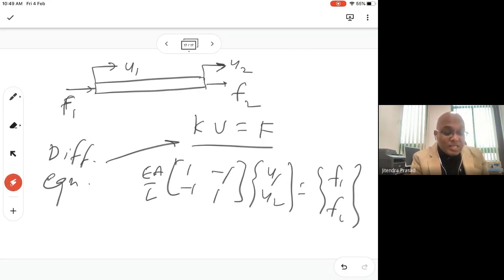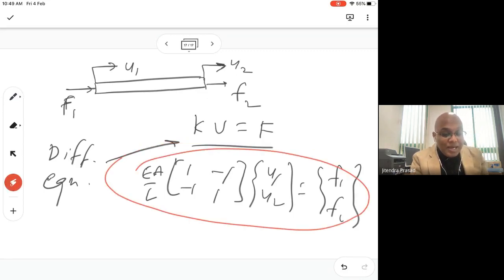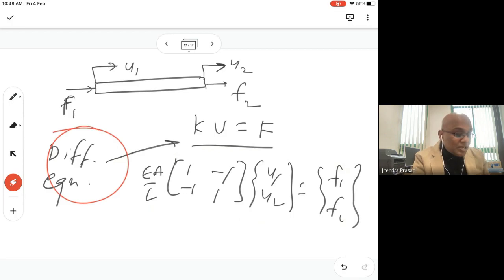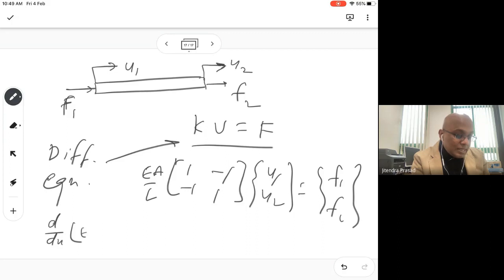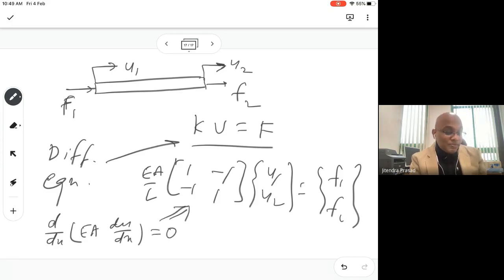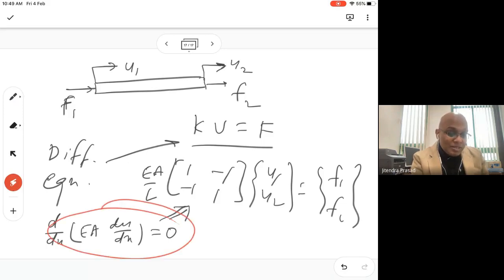So next class we will prove that we can get this from a differential equation. Which equation? From the weak formulation you can get. That means this equation d over dx of dA du over dx equal to 0 will lead to this. We prove that this also means this.